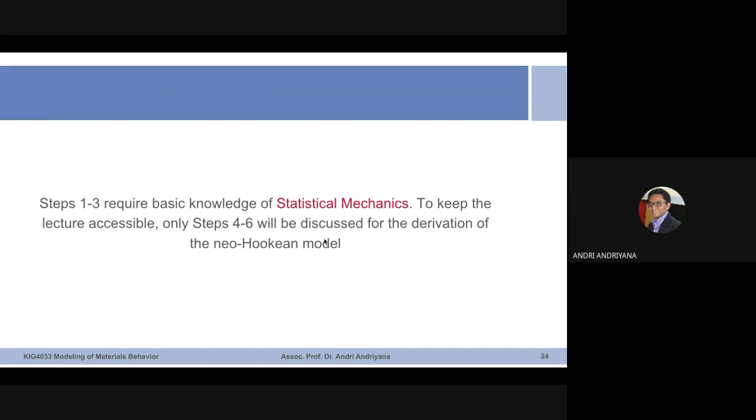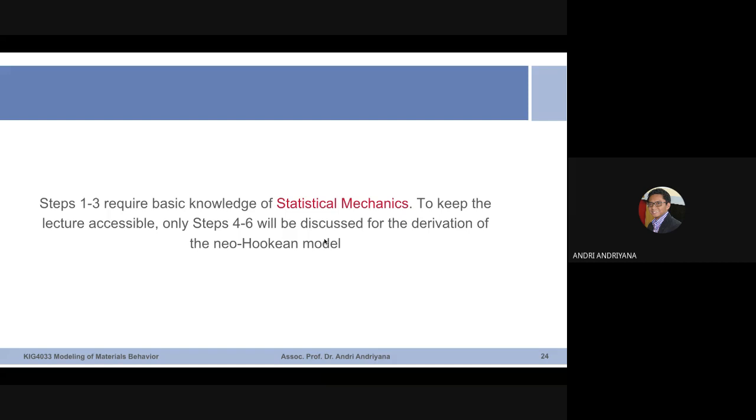Step 1 up to step 3 require basic knowledge of statistical mechanics. I will not go much into the detail of that aspect. To keep things easy, I will just briefly talk about steps number 4 to 6 so that you understand how we end up with the expressions of the Neo-Hookean model.